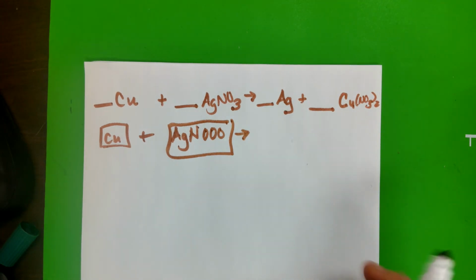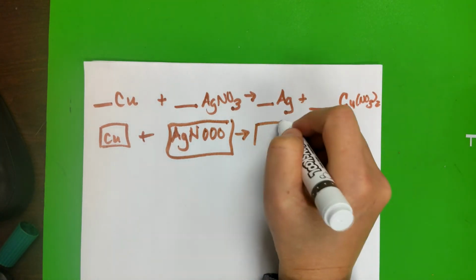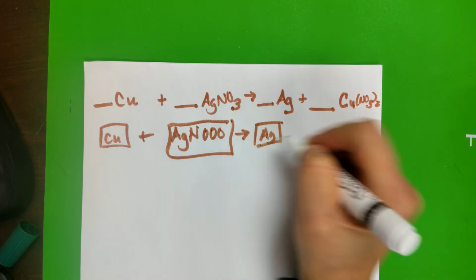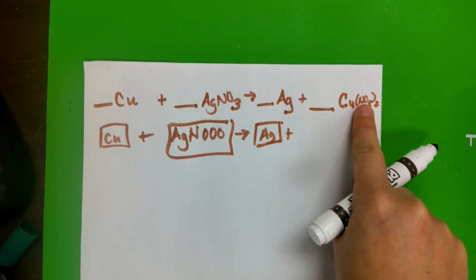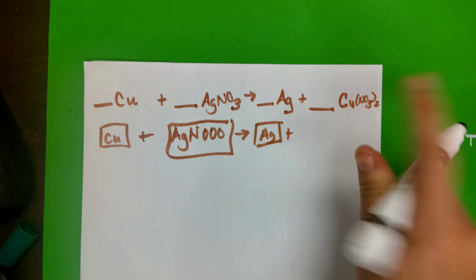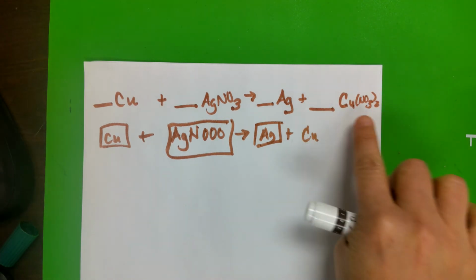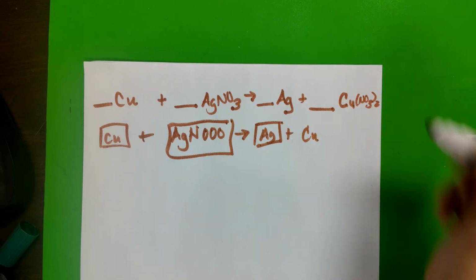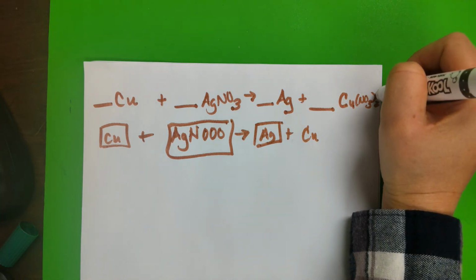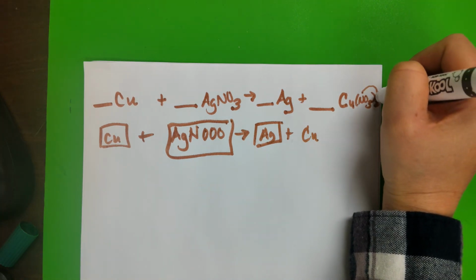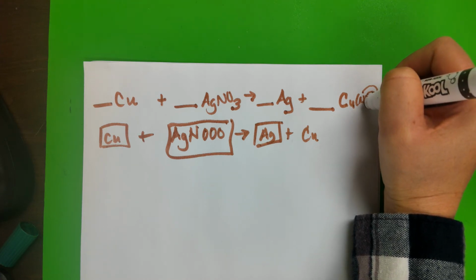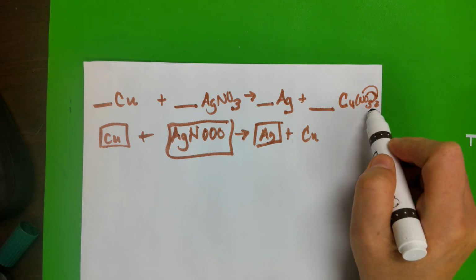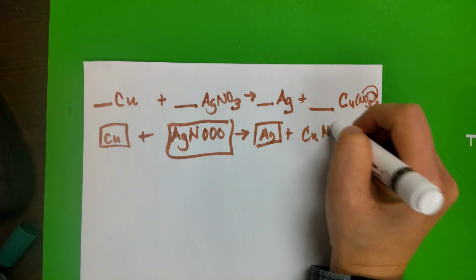And then you have 1 silver. Now the copper is outside the parenthesis, so copper is just 1. For nitrogen, you have to think of it like math: you're multiplying that 2 with the 1 nitrogen, so that'll be 2 nitrogens.